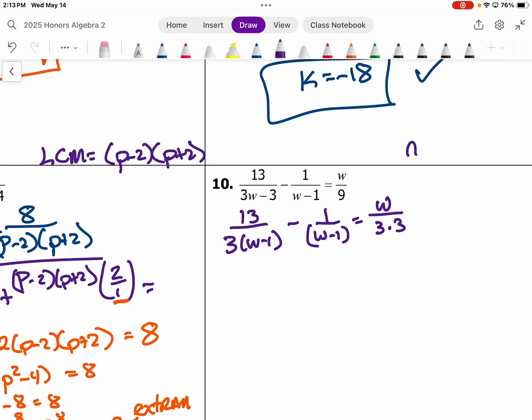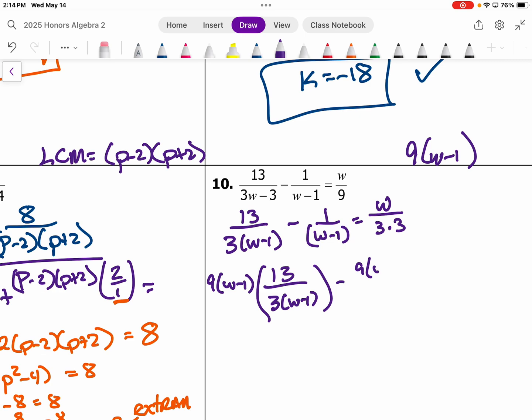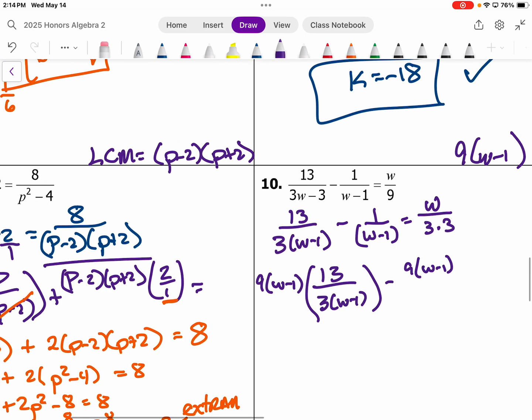Technically 9 and then w minus 1, that would be the least common multiple of the bottoms. So 9 times w minus 1 times the first fraction. Nine times w minus 1 times the second fraction.